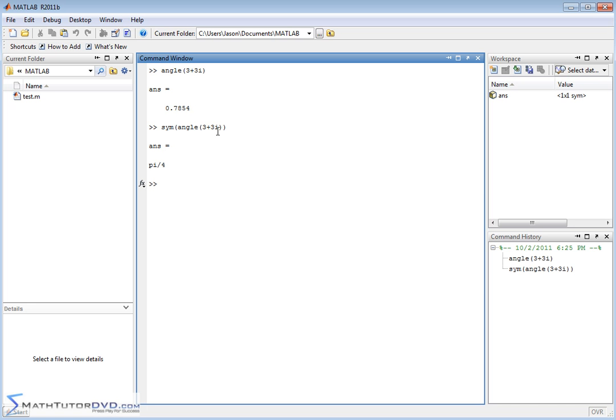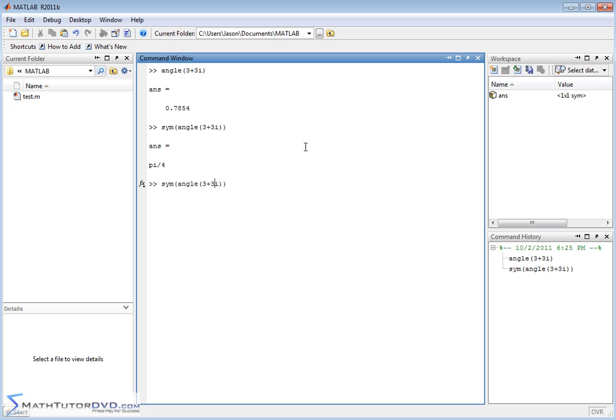Again, the answer's in radians, because MATLAB always deals in radians, but it keeps the answer symbolic. In other words, exact. 0.7854 is good enough for most uses, but it's not exact. It's a numeric approximation. Pi has infinite decimal places, and the division by 4 means you get another number with infinite decimals. So it's trying to keep it exact.